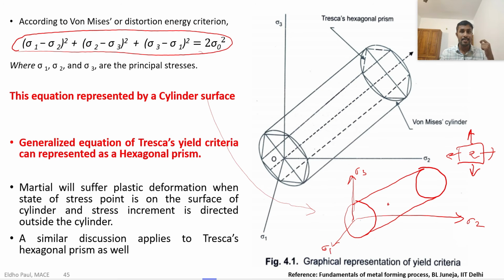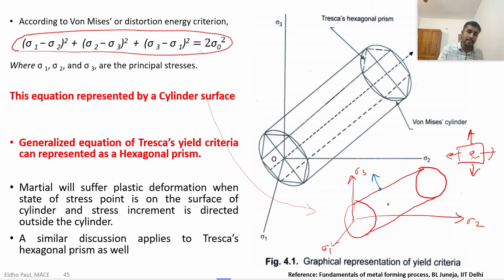Then what is the state of stress corresponding to plastic deformation? It is when the state of stress of the body is on the surface and directed outside the surface of the cylinder. If the state of stress on a body is on the surface of the Von Mises cylinder and directed outside of the cylinder, then there will be plastic deformation, or permanent deformation, for that body under the complex loading condition.